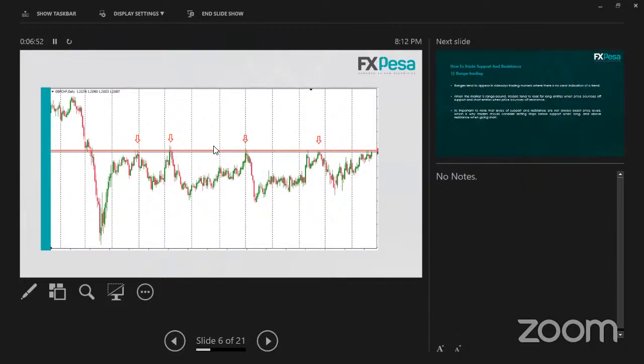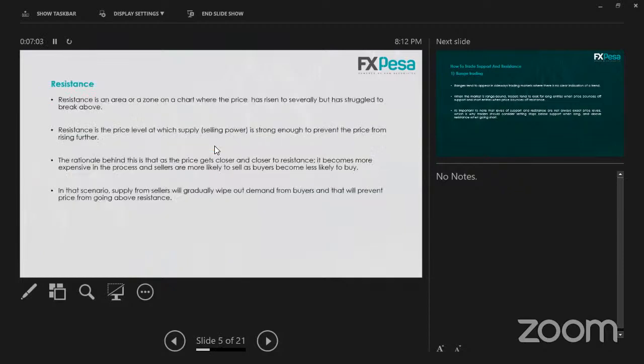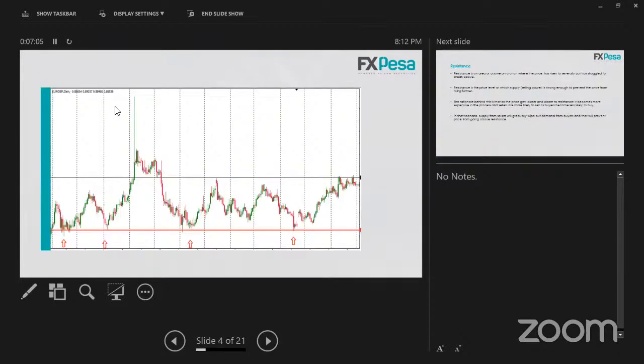The support area that we learned a few minutes ago shows that there is very strong demand. Once we have demand on this support zone, there are buyers willing to buy the market, and you should take part in buying, because we want to buy at the lowest price. Remember, we buy low, we sell high.